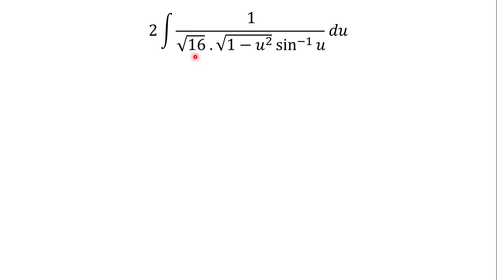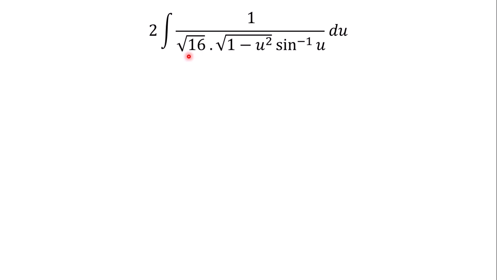And 4 raised to the power 1 is 4. Looking at the way I did this one, there's no way you are going to get plus or minus 4, because here we didn't write the square root of 16 as 4 directly.